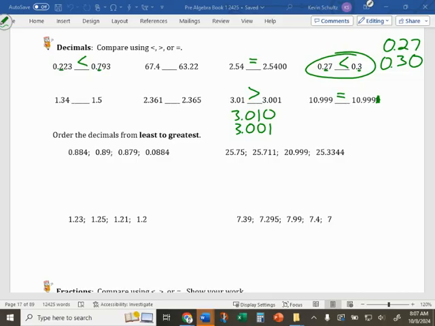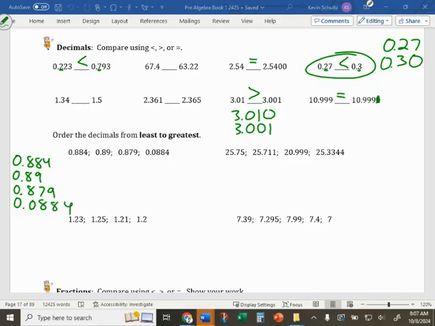Okay? If we look at this first one here, 0.884, 0.89, 0.879, and 0.0884.